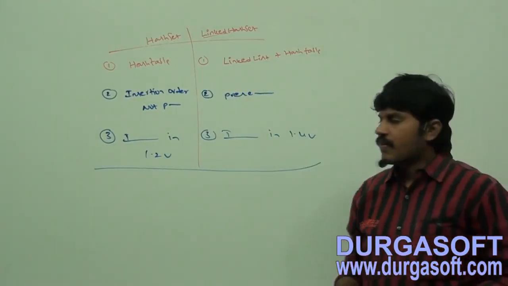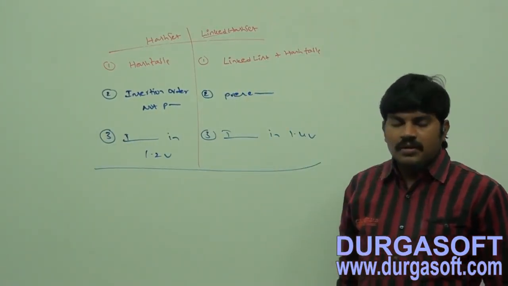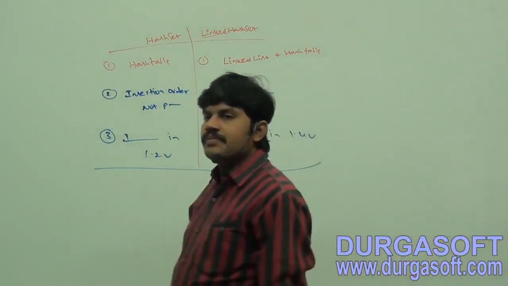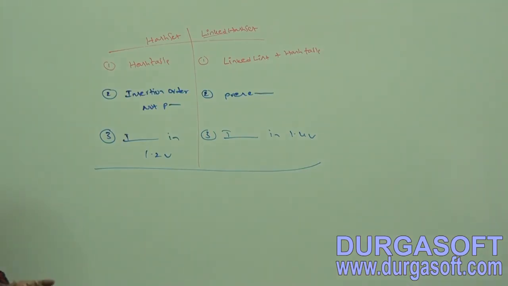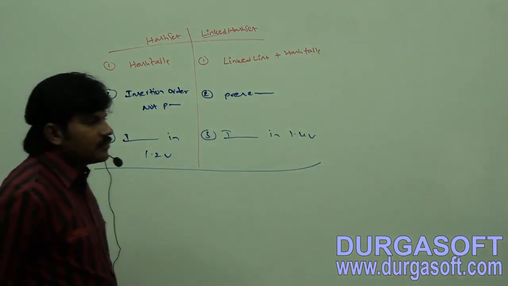At the first point, the underlying data structure is hash table.